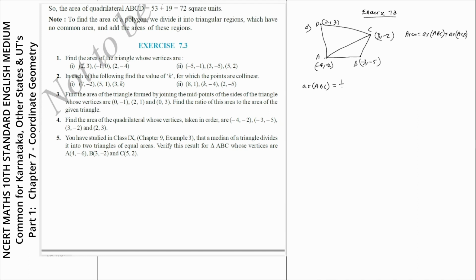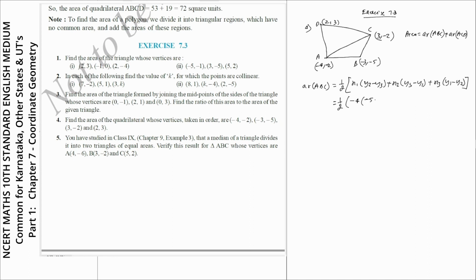First write the formula: half into x1 into y2 minus y3 plus x2 into y3 minus y1 plus x3 into y1 minus y2. So this is the formula. Now substitute the values. I'll take x1 y1 as point A, x2 y2 I'll take as point B, and x3 y3 I'll take as point C.